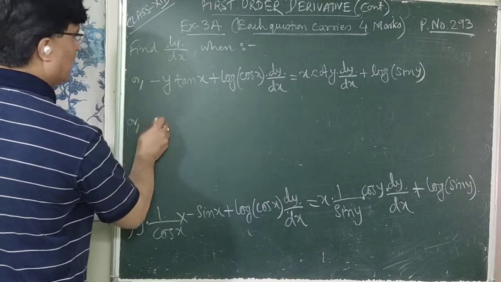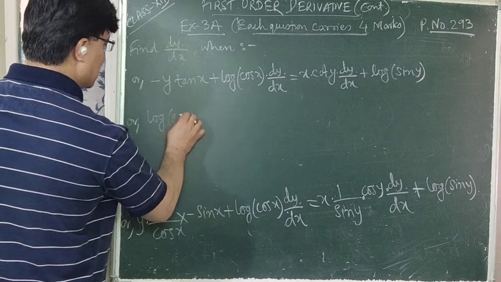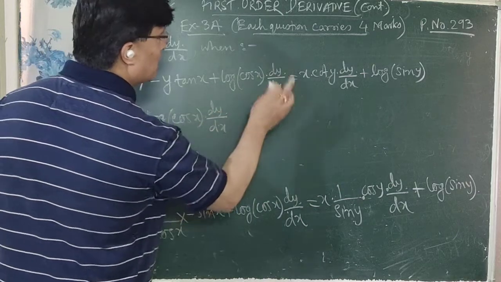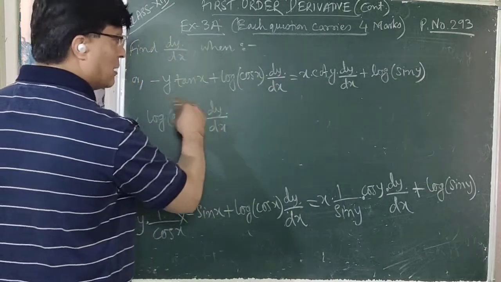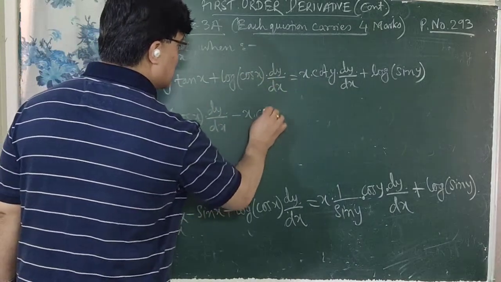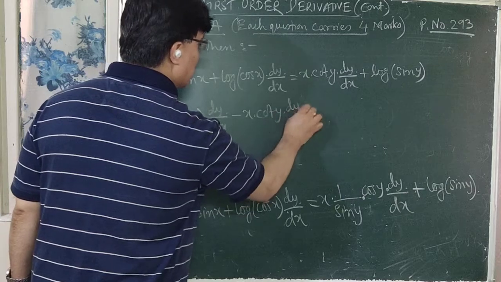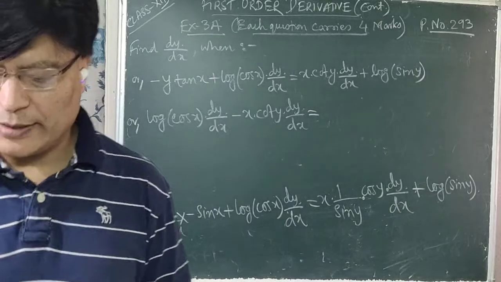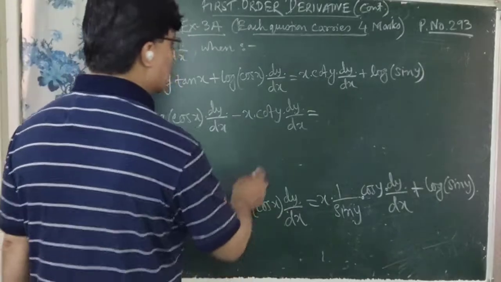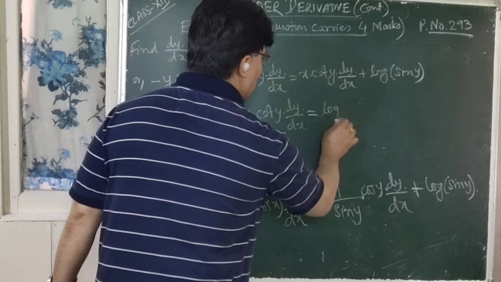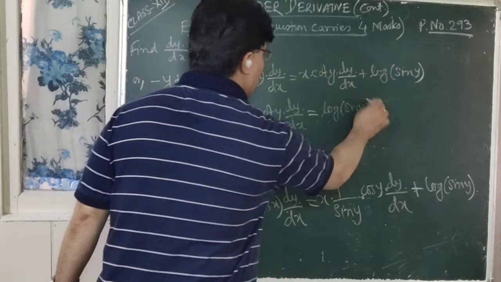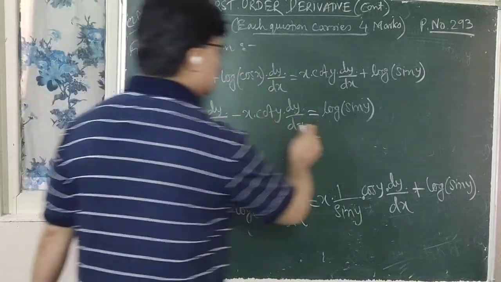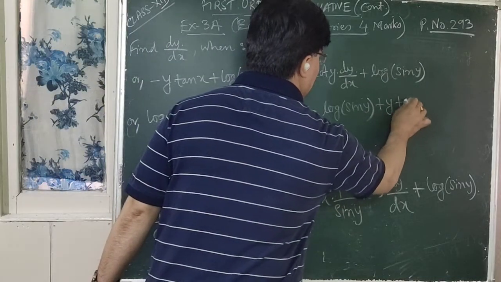So, log of cos x into dy by dx, then x cot y dy by dx, take to the left hand side, becomes minus x cot y into dy by dx, which is equal to, so what will you write on the right hand side? So write the remaining terms. What are the remaining terms? First it is log of sin y, then minus y tan x, take it to the right hand side, becomes plus y tan x.